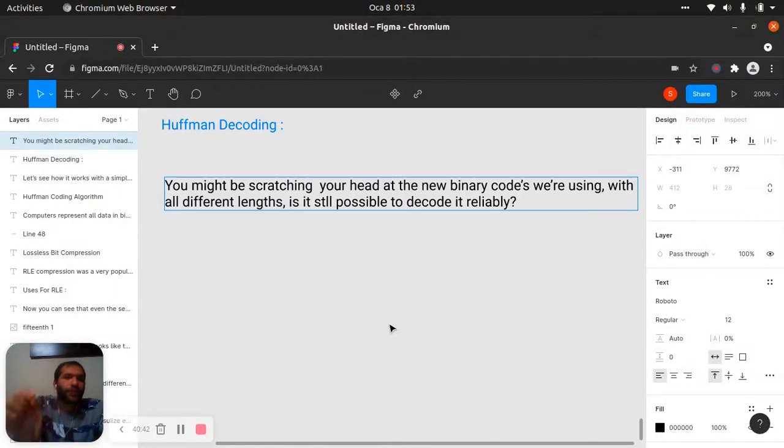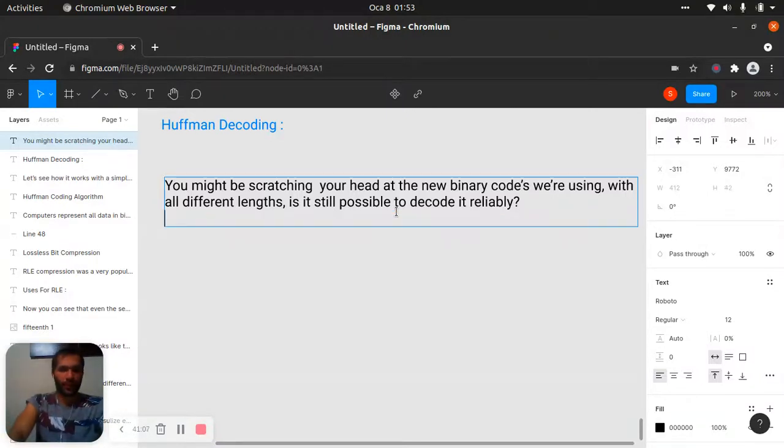You may be scratching your head at the new binary codes we're using with all different lengths. Is it still possible to decode it reliably? Yes, with the right set of codes.